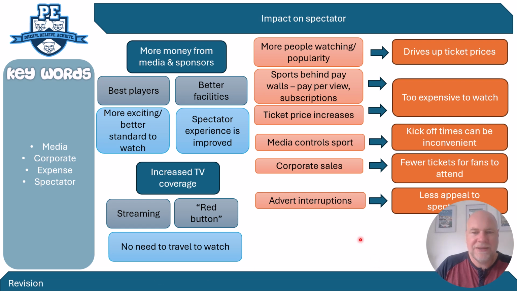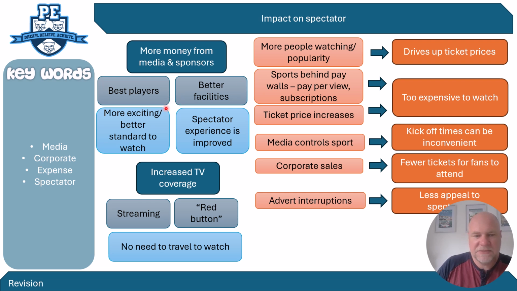Okay, so we need to look at the impact on spectators, and there are essentially two positives, and then there are a bunch of negatives. So if we break this down into the positives first, more money from the media and more sponsors can positively impact the spectators, because the team can buy better players and they can build better facilities.